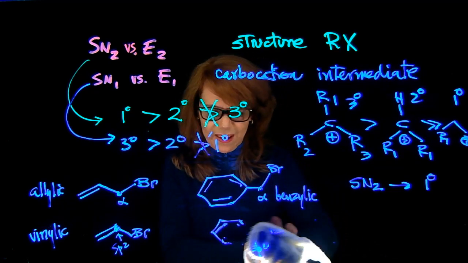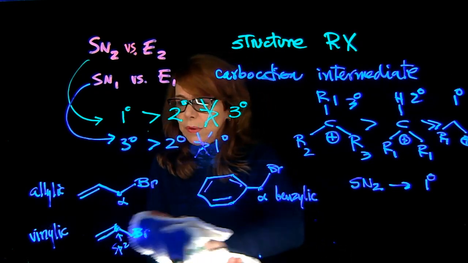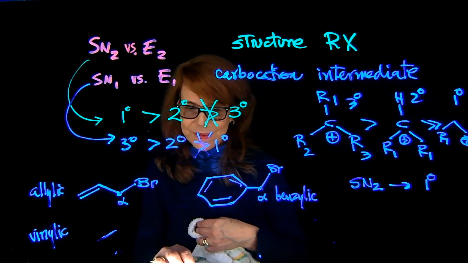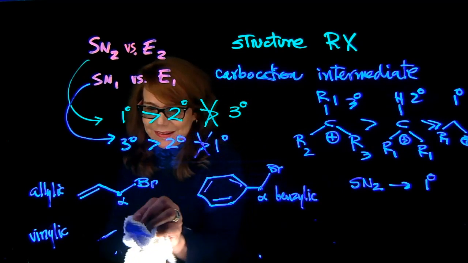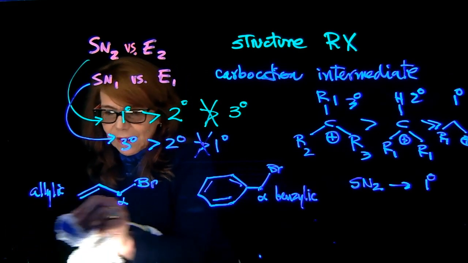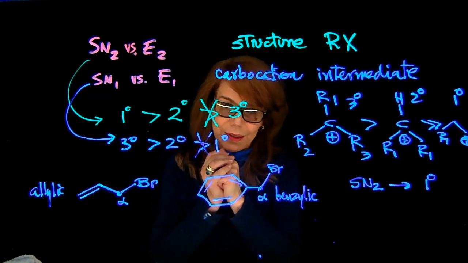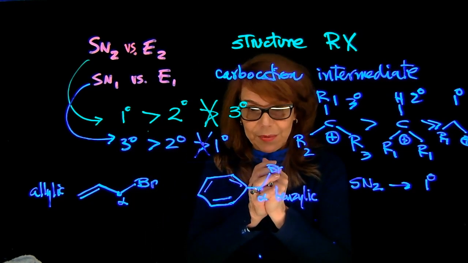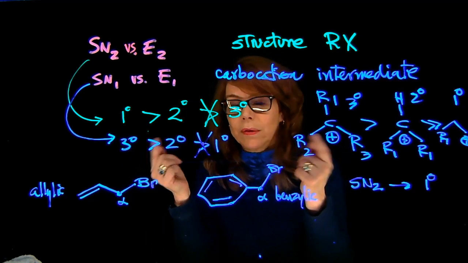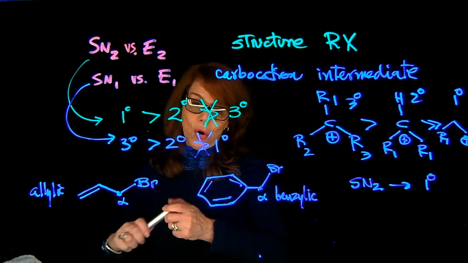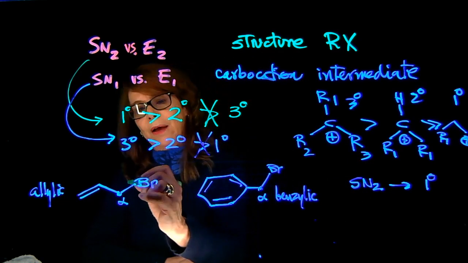To explain that, I'm going to draw, remember that we said that SN1 and E1 both go through a carbocation intermediate. So the leaving group departs and you form a carbocation. Now we're going to draw the carbocation that results after this.